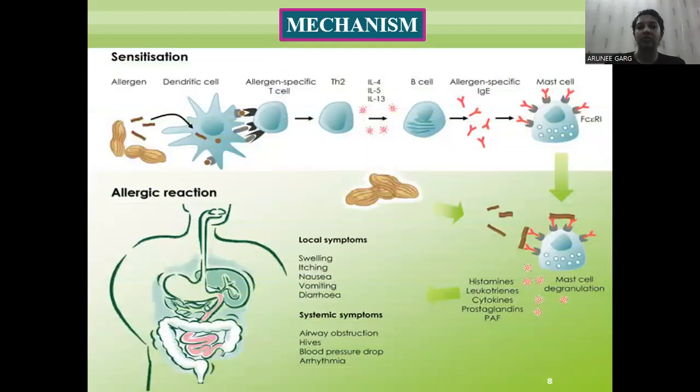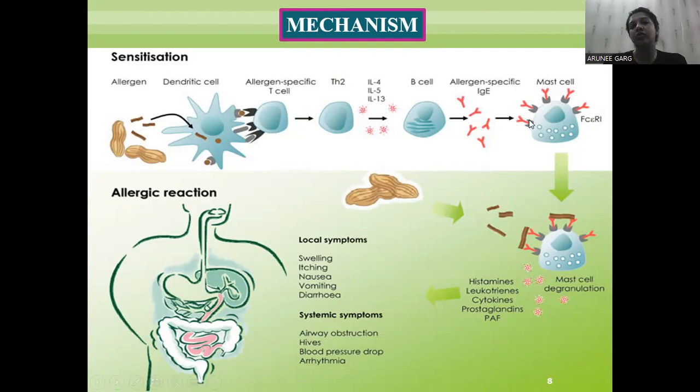Now, the mechanism, what happens in anaphylaxis, is when the body comes in contact with an allergen, the T lymphocytes are activated, which in turn activates the helper T cells, and with the help of other interleukins, the plasma cells produce IgE, that is, the allergen-specific IgE antibodies.